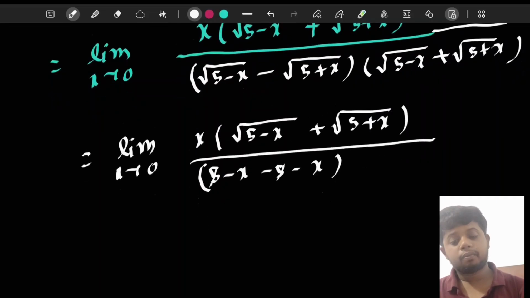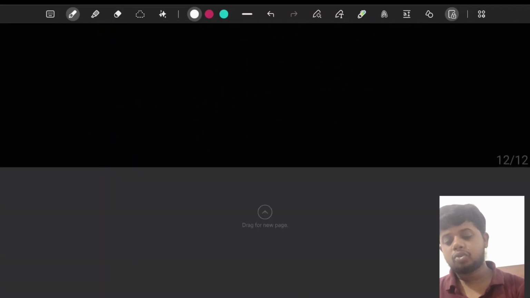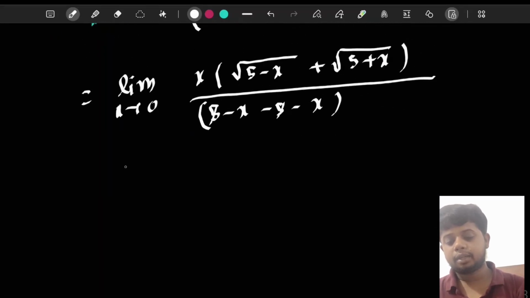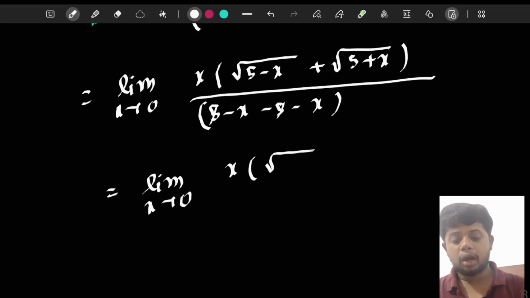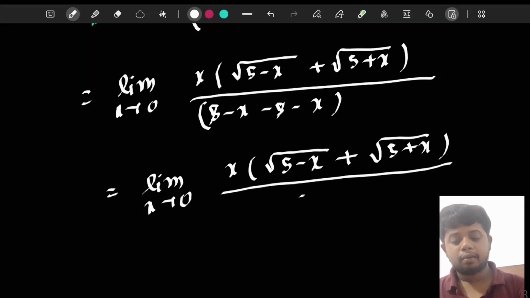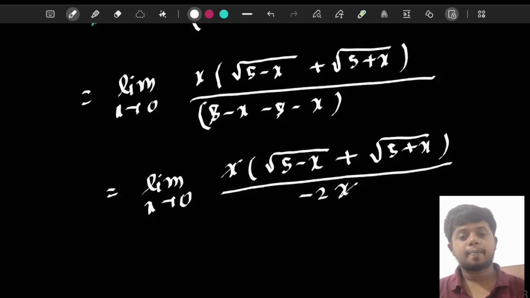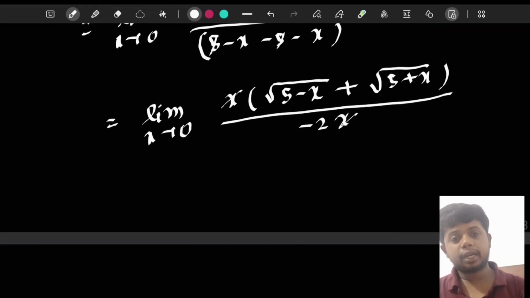5 and 5 cancel. So I am getting limit x tending to 0, x into under root of 5 minus x plus under root of 5 plus x by minus 2x. The x cancel each other. See, when I have done rationalization, now we are not getting 0 by 0.